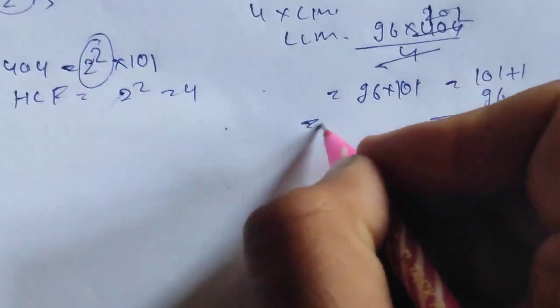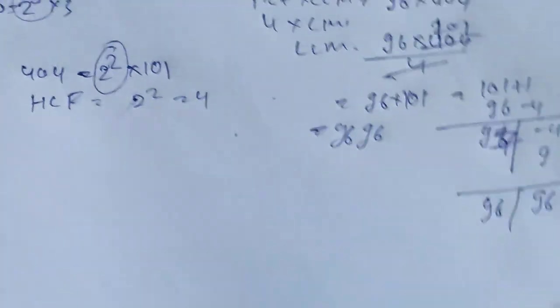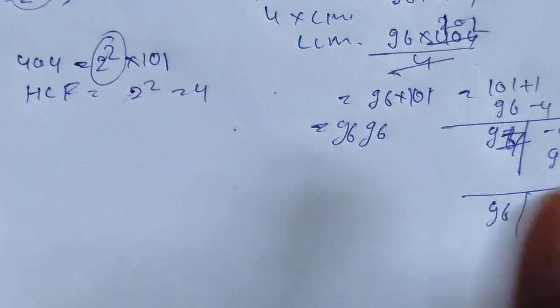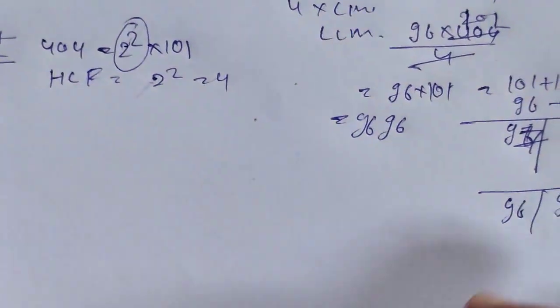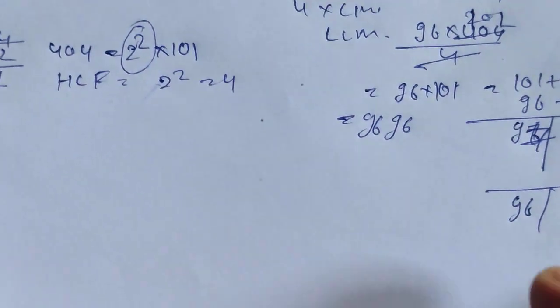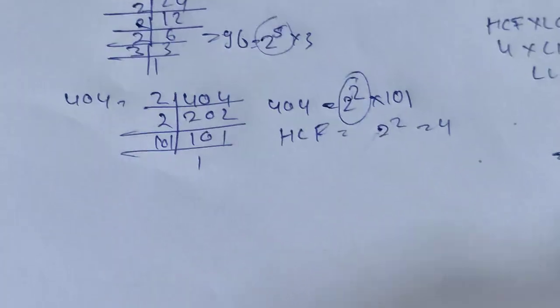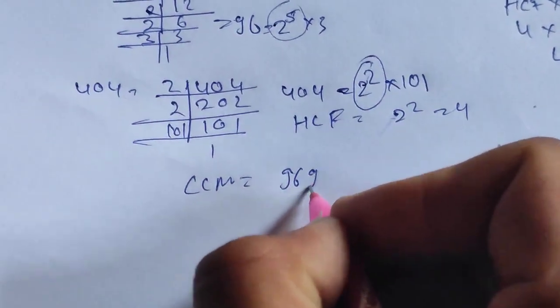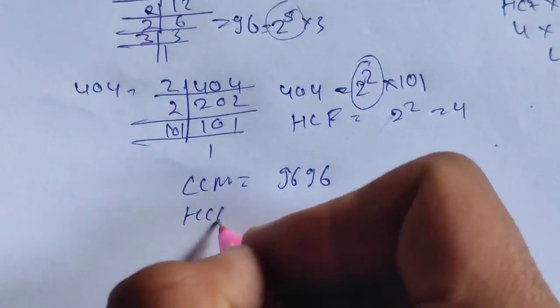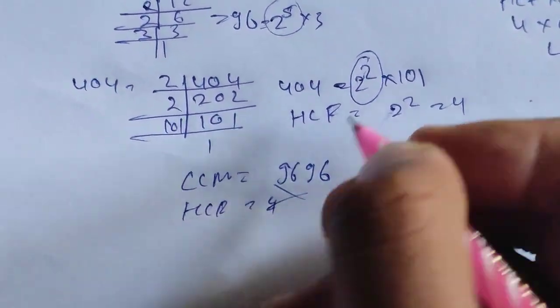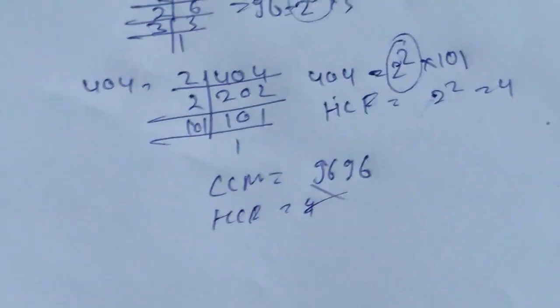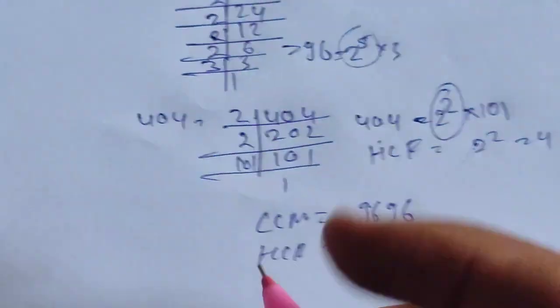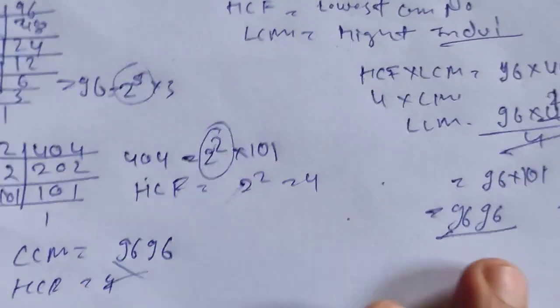The multiplication is 96 cross 96. How it is done we will discuss in the next video; it is a trick in Vedic maths. So our LCM is 96 and HCF is 4. If you multiply both, we get the same as the product of the two numbers.